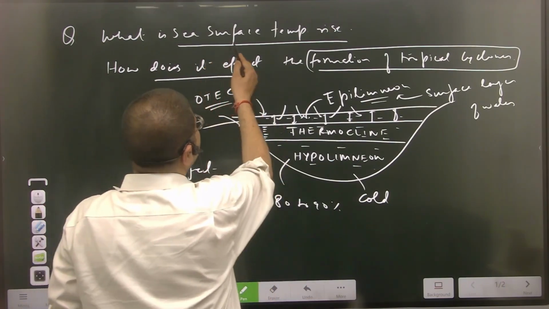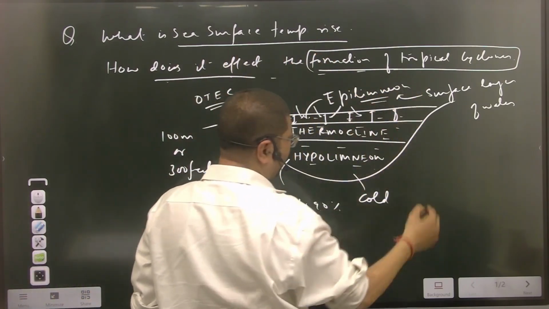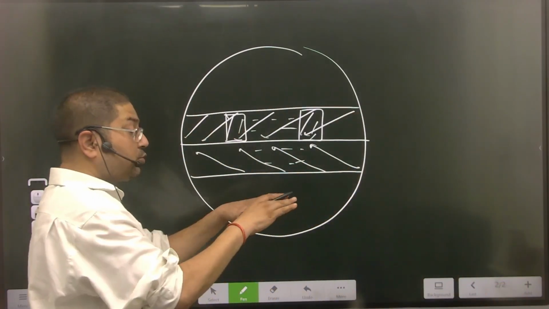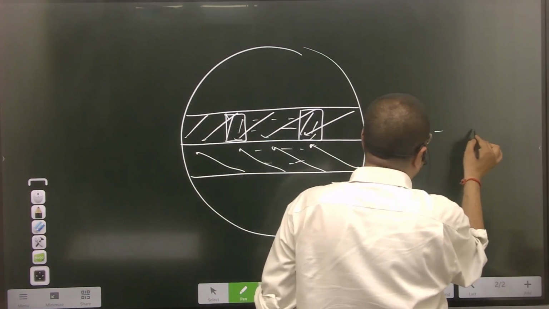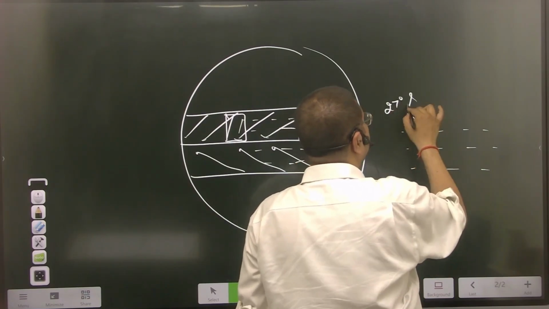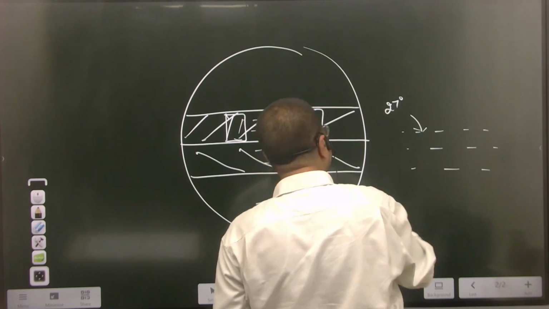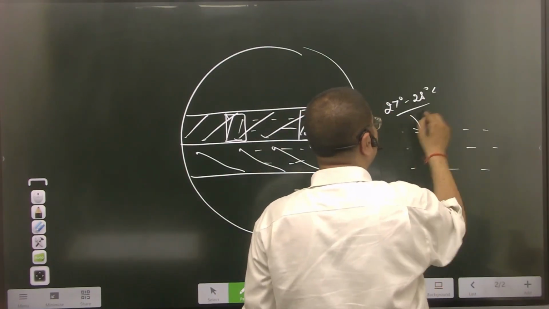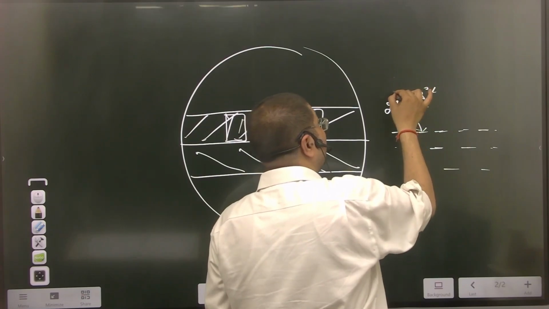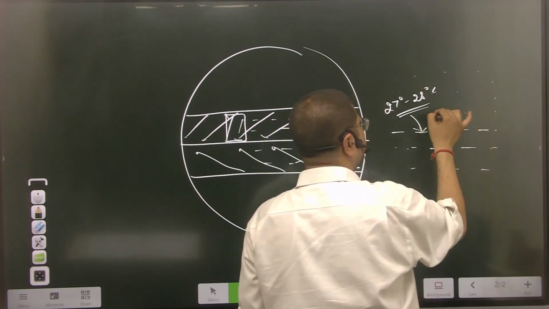They are asking how sea surface temperature rise affects the formation of tropical cyclone. Tropical cyclones always get formed over those seas where the surface temperature of the sea is 27 to 28 degree centigrade, where the sea surface temperature is high, because in this case the adjoining layer of air over the sea is full of vapor.